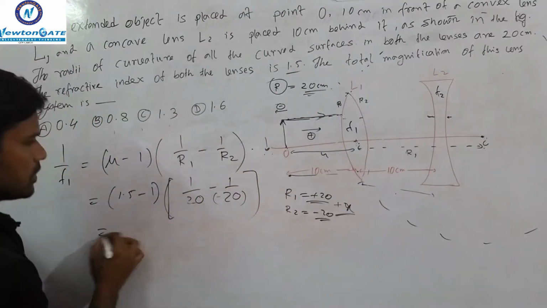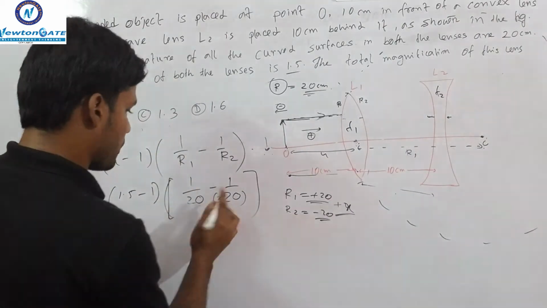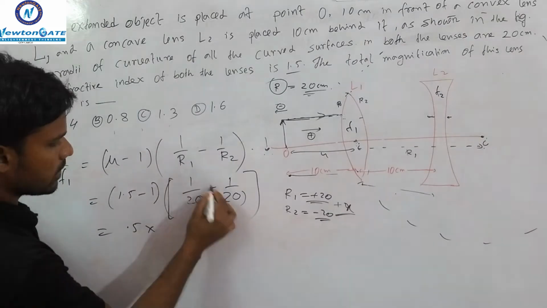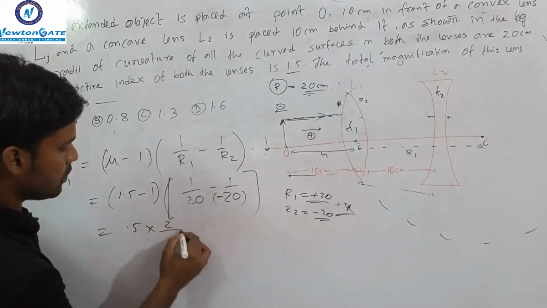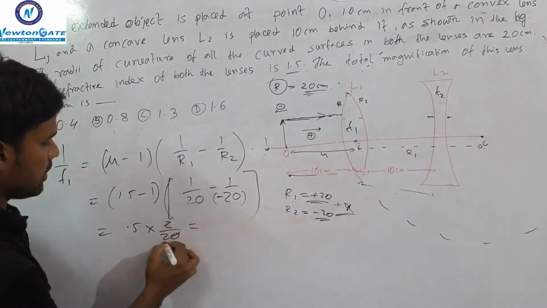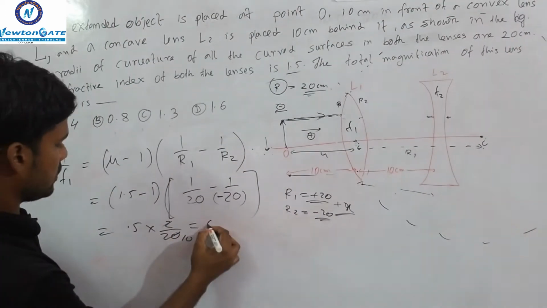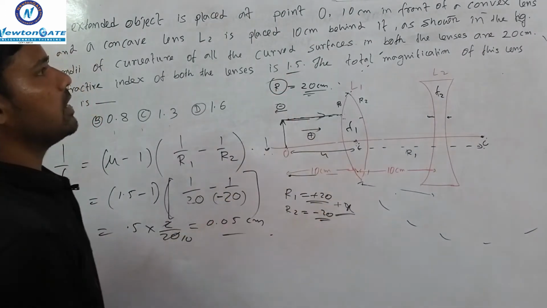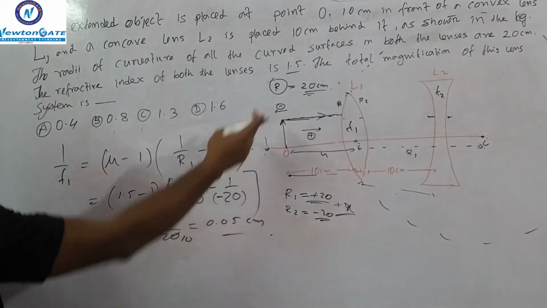So you have to put in the proper signs: 0.5 into, minus minus is positive, 2 into 20, that is 1 by 10, that means 0.05 per centimeter. All are in centimeter, r1 and r2 are in centimeter.